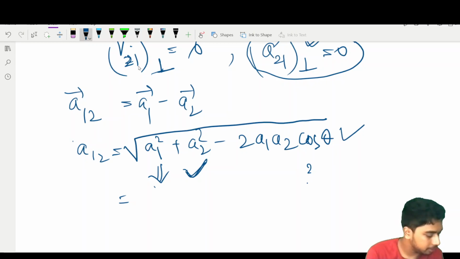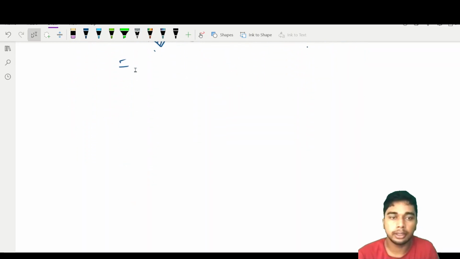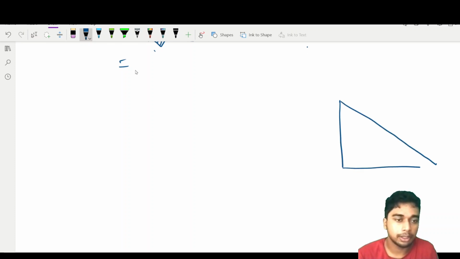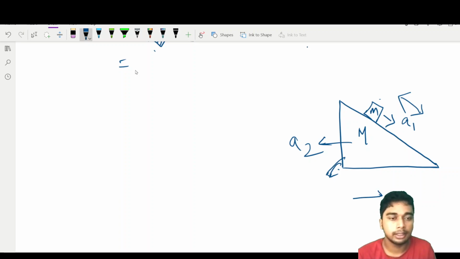Going to the next step. The next problem is the famous problem, which is always given in the standard books. If I consider this problem, there is another block having mass small m, and the bigger block has capital M. I am considering the block moving with a1, and the wedge moving with a2. If I fix this one, then this block will move along this line, and the bigger block will move along the x-axis, along the horizontal axis.